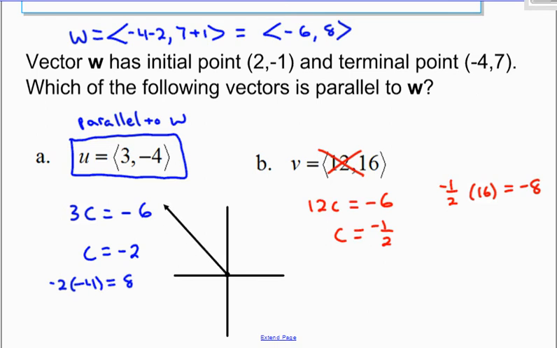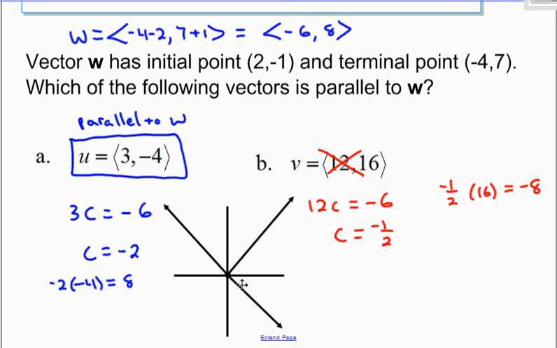So it goes right there. Vector u goes 3 to the right and 4 down. So it's doing something like that. And then v went 12 to the right, 16 up. That's obviously not parallel. Now, you may be saying, wait, that's the same line.